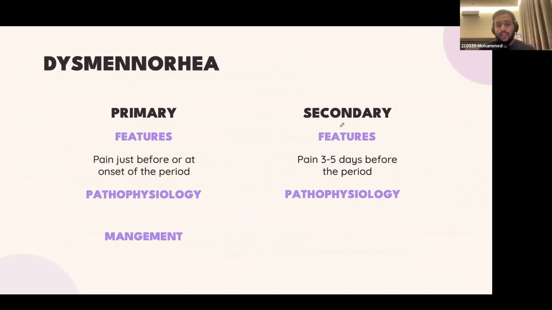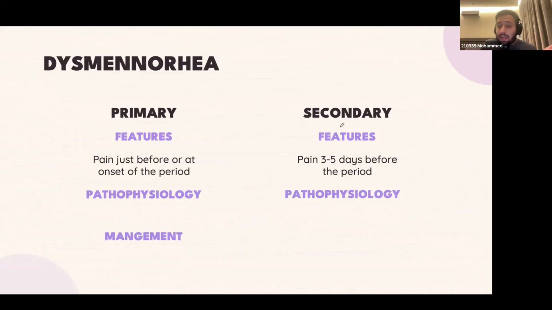Primary dysmenorrhea is when you exclude every other cause of dysmenorrhea or pain, which is all the causes of secondary dysmenorrhea, then you can say this is primary. And it's due to prostaglandin. Why prostaglandin? Because of the blood supply. It cuts off the blood supply, and then you'll have very painful cramps and cause ischemia. Okay? So this is dysmenorrhea.